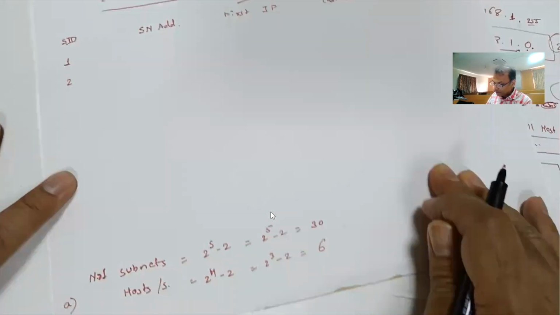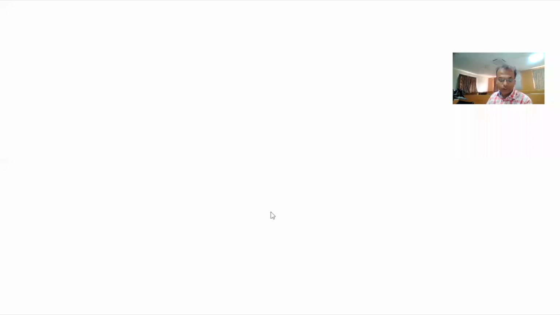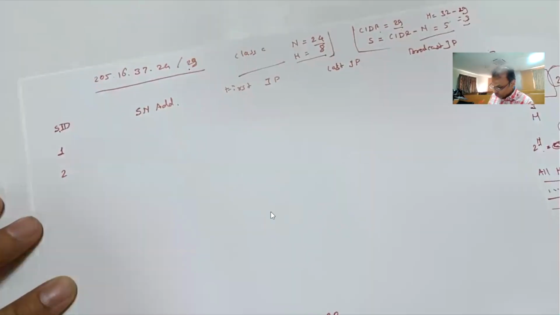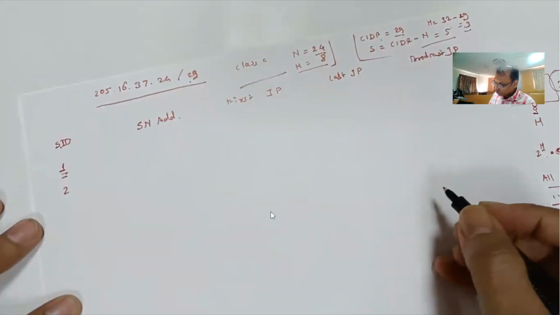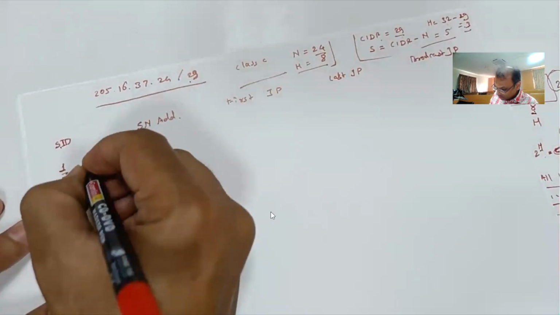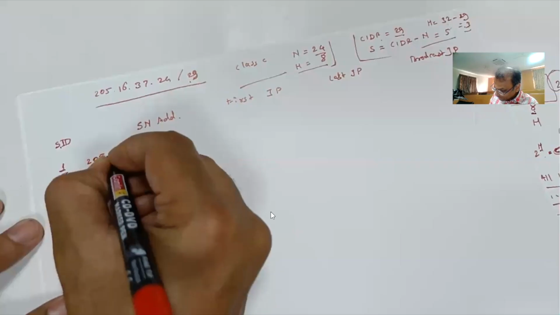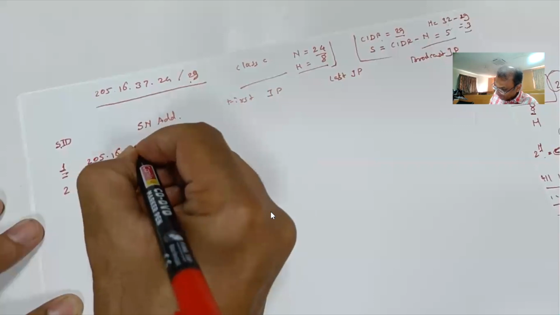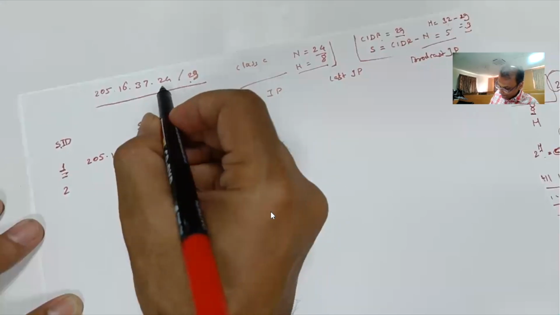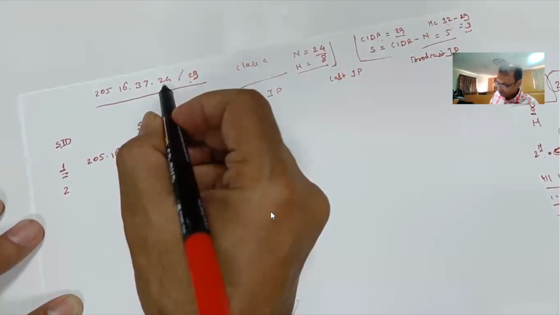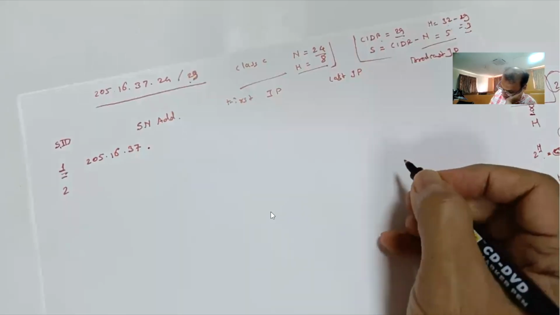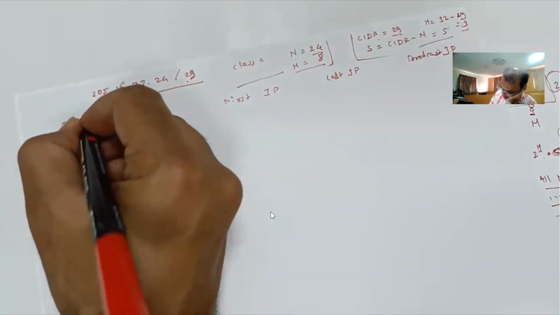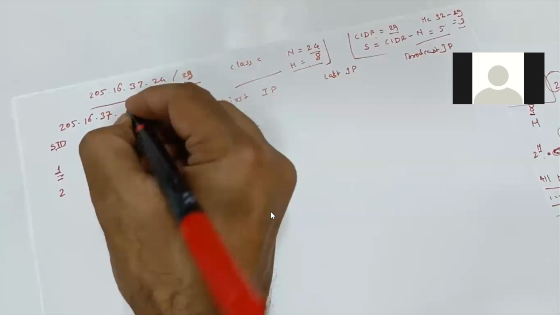Now for answer of B, we need to find out this value in the table. So what is the first subnet? Let us try to write down this IP address, 205.16.37. Can you give me the binary value for 24? One one zero zero zero.